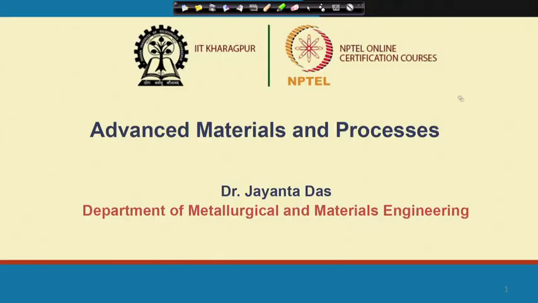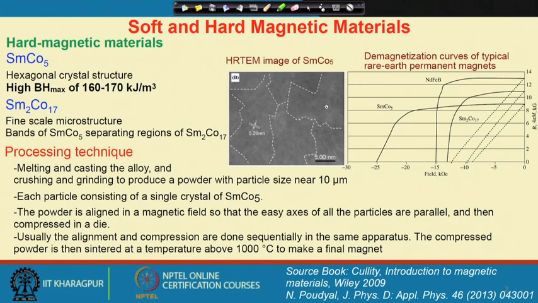In the last two classes we have mostly focused on the fundamentals of magnetism, and we have cited a couple of examples and the metallurgical aspect in terms of microstructure of several hard magnets. We will continue that discussion today.